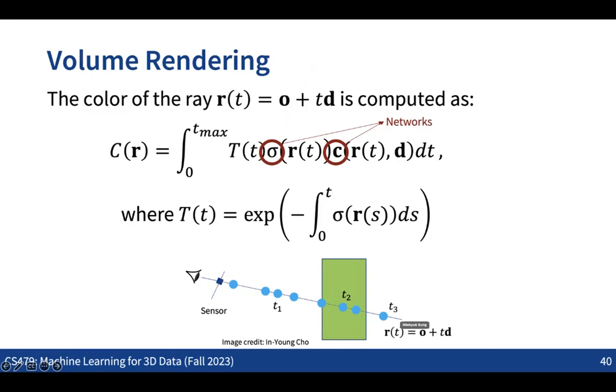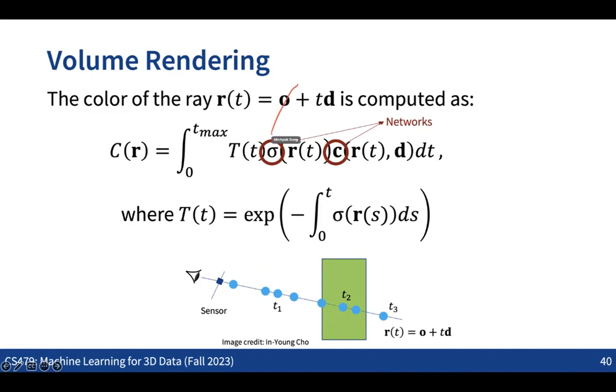For each point here, we first calculate the probability of how likely the ray will pass through along this direction without making any interactions with the particles. Without stopping along this direction, how likely the ray will fly until this point. That's the T.